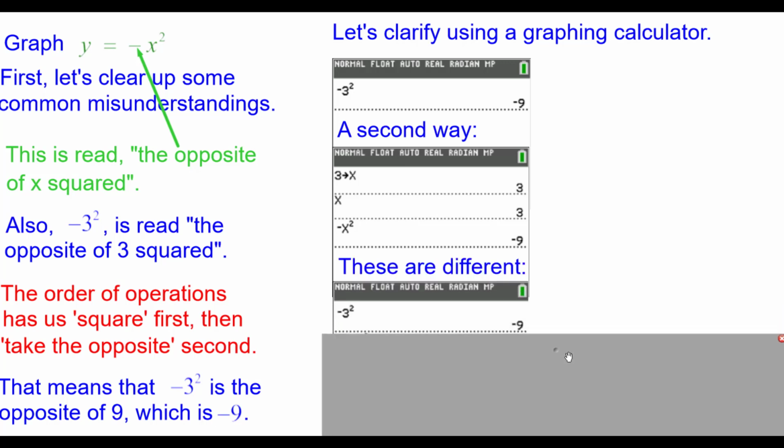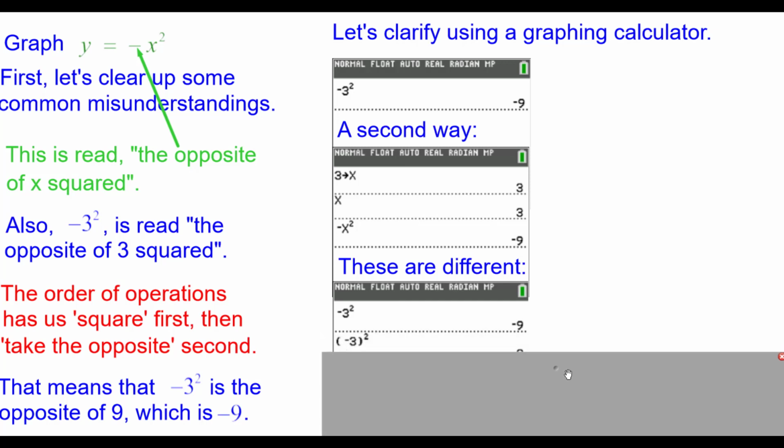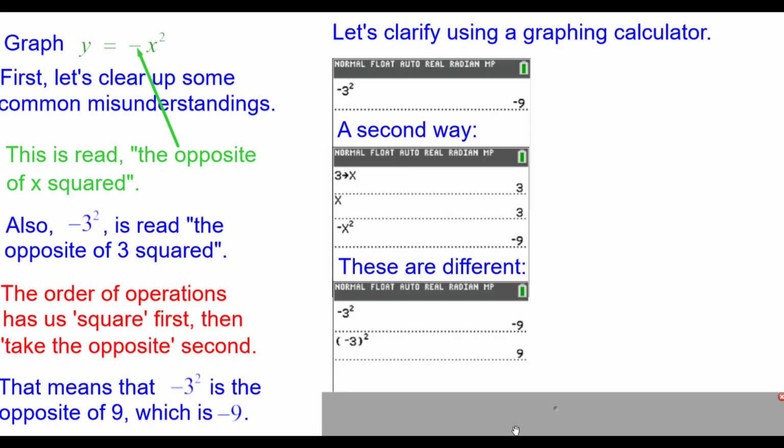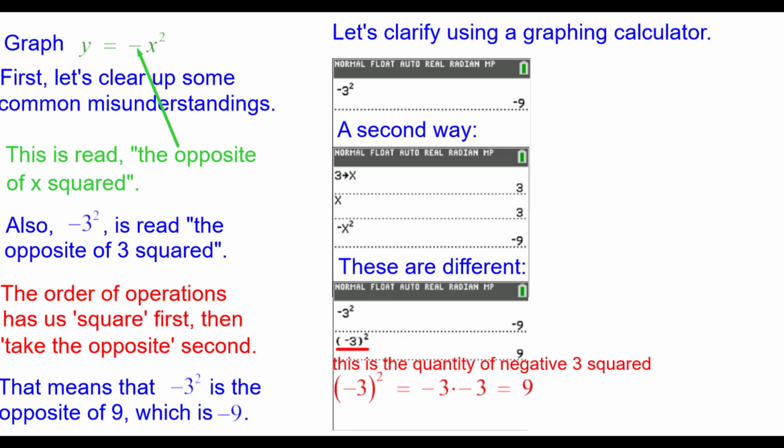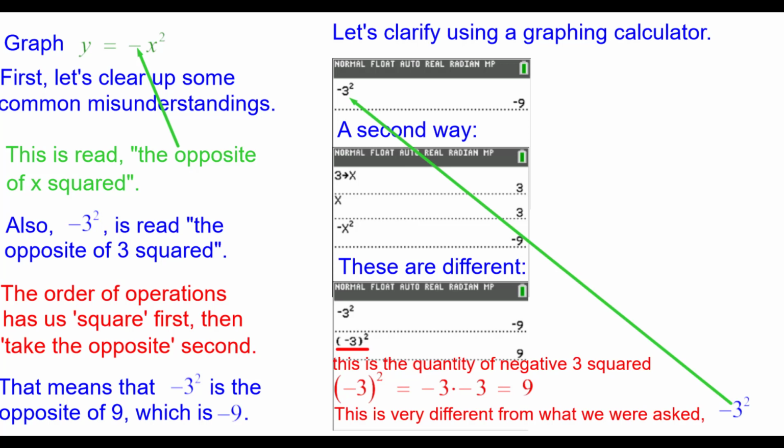The opposite of 3 squared is negative 9. The quantity of negative 3 squared is positive 9. Very easy to get mixed up. So you can see that these are not equal. This is the quantity of negative 3 squared, which is positive 9. Very different from what we were asked, the opposite of 3 squared.